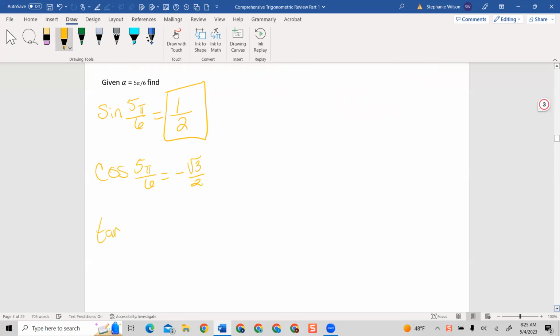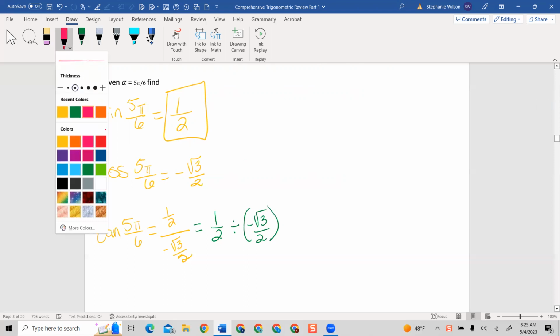And then tangent at 5π/6. Well, tangent is going to be sine over cosine. So let's rewrite it. 1/2 divided by negative square root of 3 over 2.